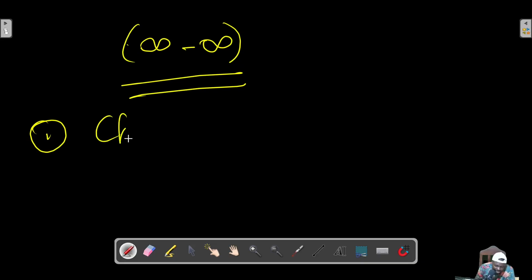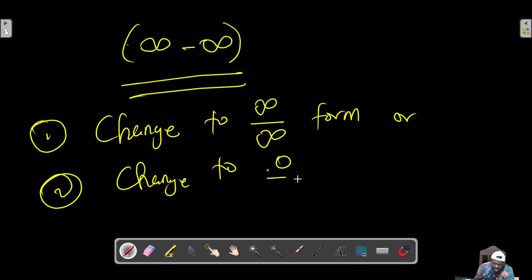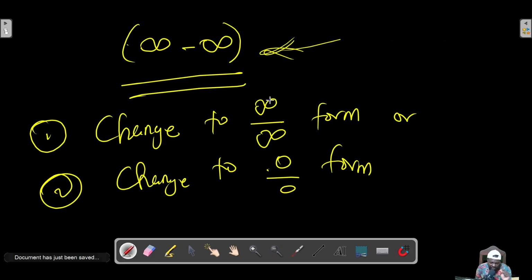You try to change it from this form to infinity over infinity form, or you change to 0 over 0 form. So whenever you have such a limit, you try as much as possible to change it from the infinity minus infinity form to the infinity over infinity form, or the 0 over 0 form.